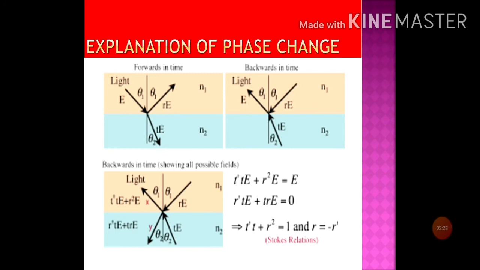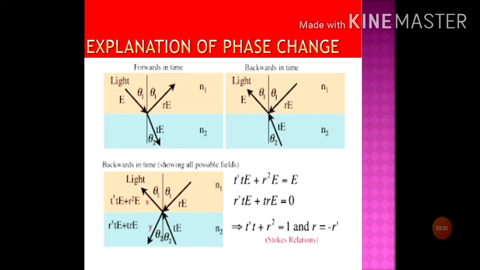This incident ray will get reflected and also refracted. Let us consider R as the reflection coefficient and T as the transmitting coefficient. So the reflected ray will have the amplitude RE, as you can see in the figure, and the refracted ray will have the amplitude TE. This is the first figure.